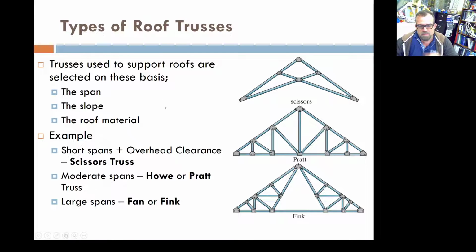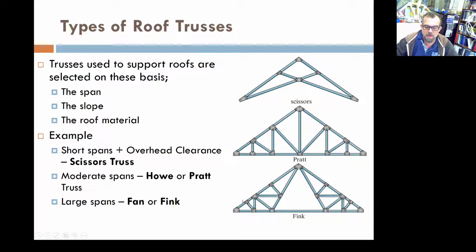Now there are hundreds of types of trusses for roofs, and the selection depends on the characteristics of the construction that you are doing and what is your main goal for that roof. If you're looking for clearance here, maybe you are going to go with a scissor, but if you have a moderate span, then you might go with a Pratt or a Howe truss.